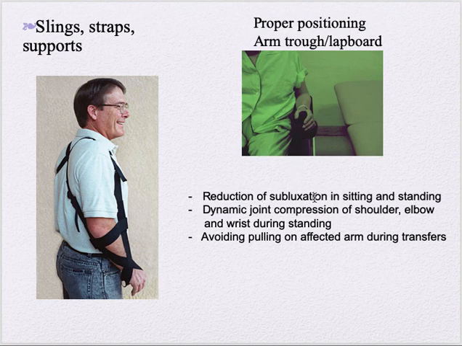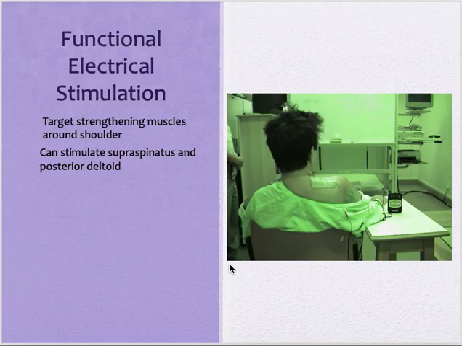Okay, reduction of subluxation in sitting and standing, dynamic joint compression of shoulder, elbow, and wrist can be done during standing, and avoid pulling on the affected arm during transfers. All these things can be done. And functional electrical stimulation can be done for these patients.